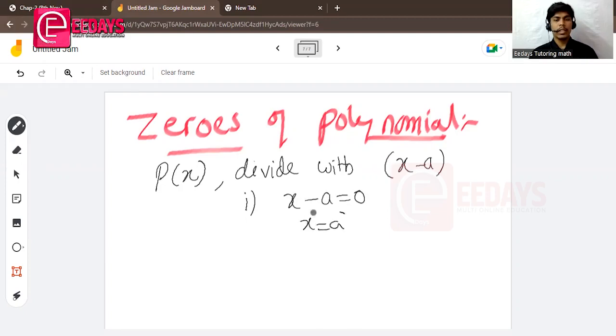Now x is equal to a. Now the polynomial becomes p of a is equal to 0.